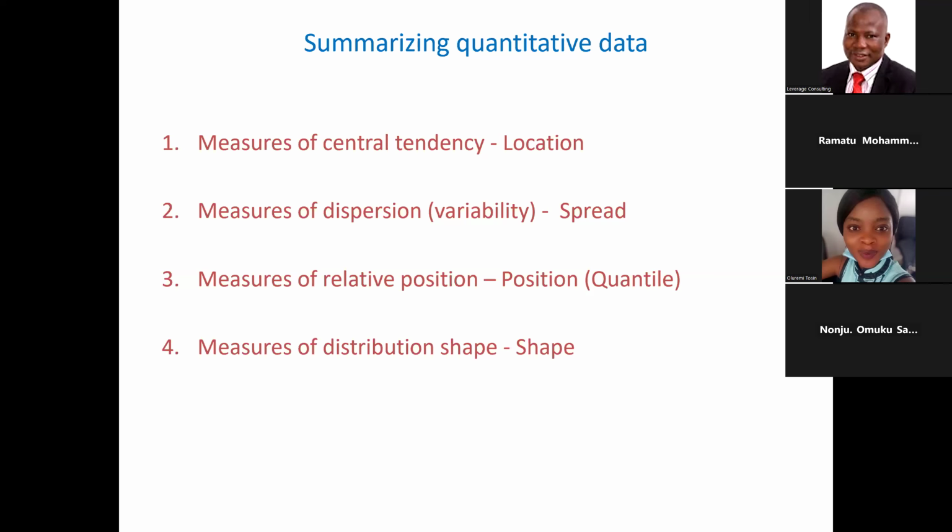We started discussion on descriptive statistics 2 days ago, and so far we talked up to summarizing categorical or qualitative data. Today we want to wrap up the lecture on descriptive statistics by talking about how we summarize quantitative or numerical data.